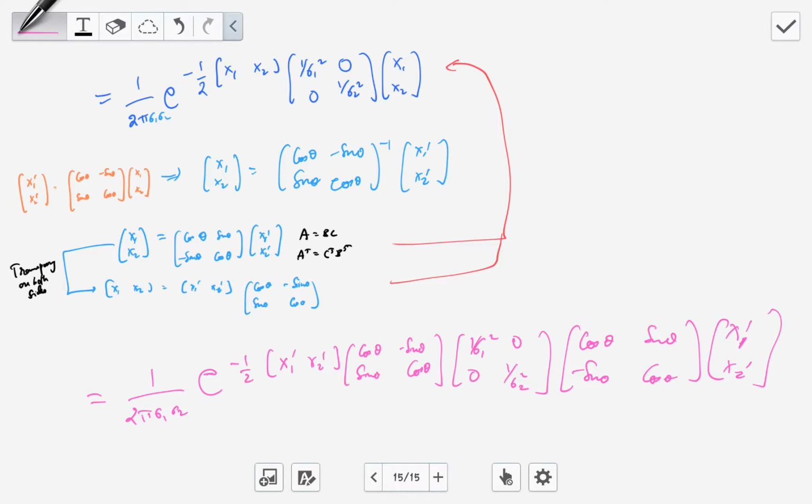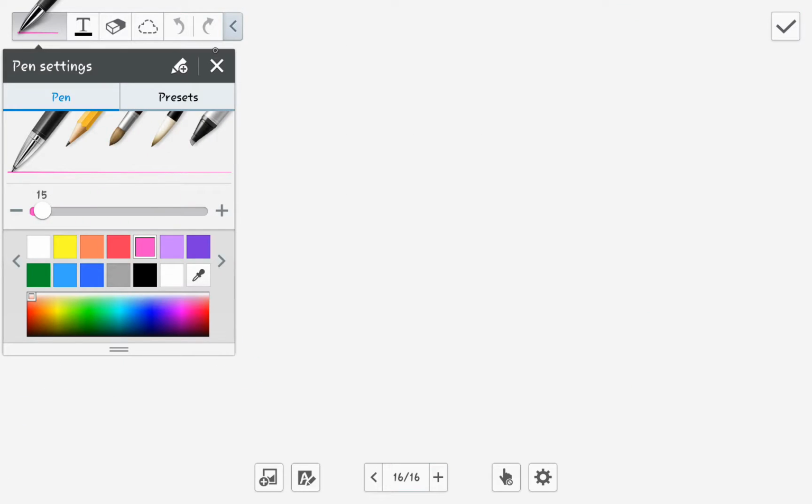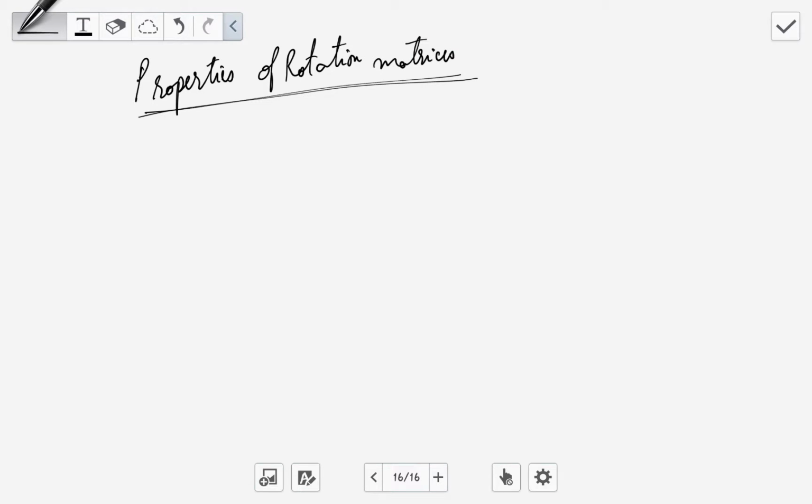Okay, this is fine. Now let me tell you something called properties of rotation matrices. Say R is a rotation matrix.